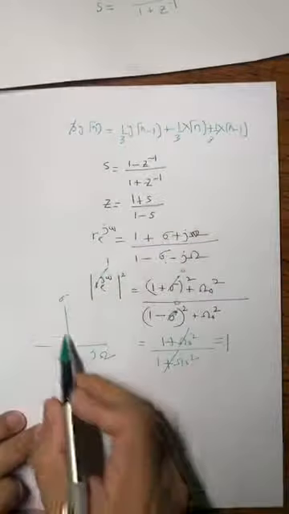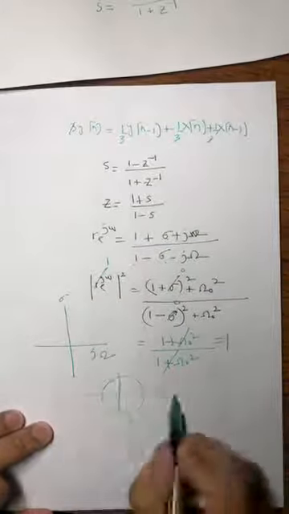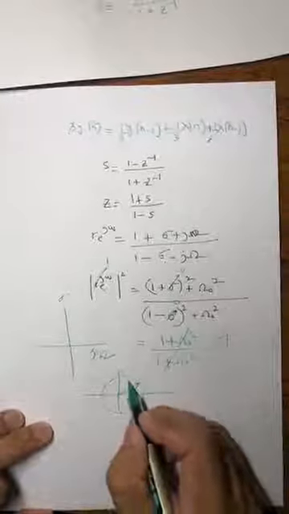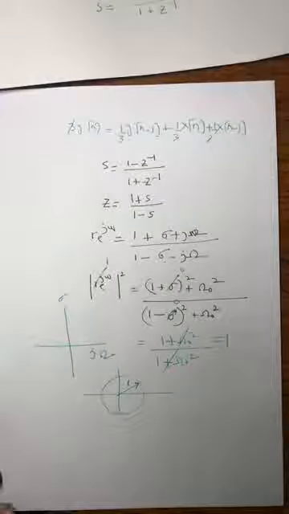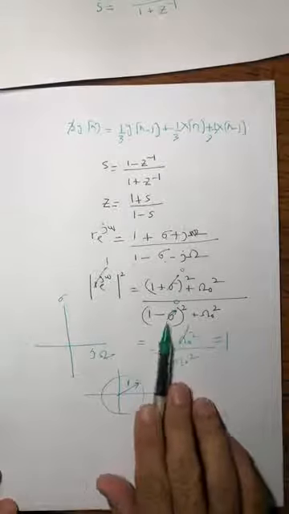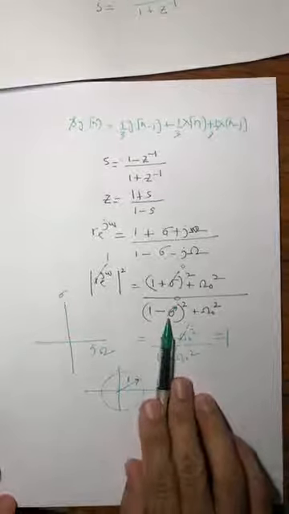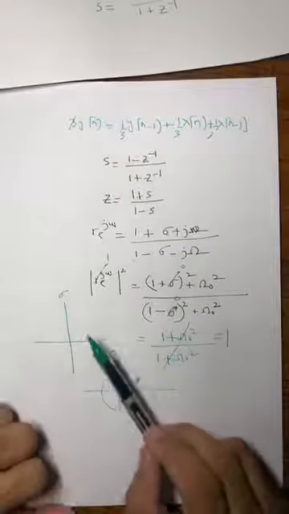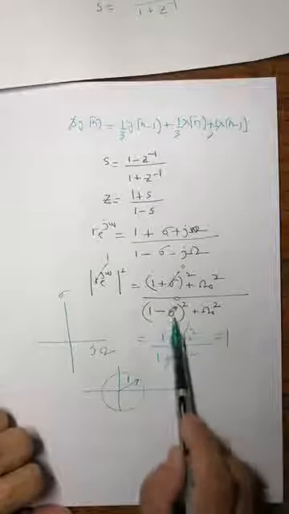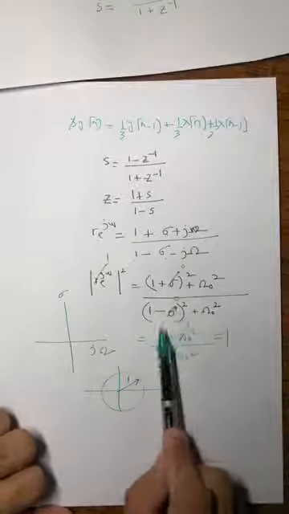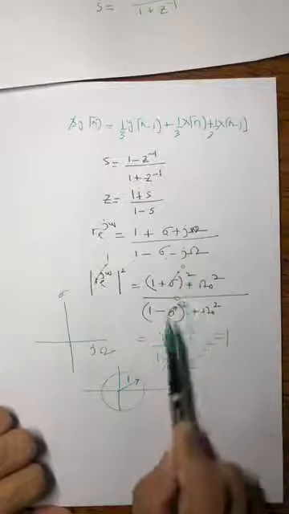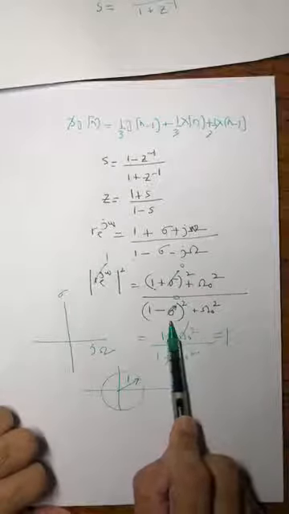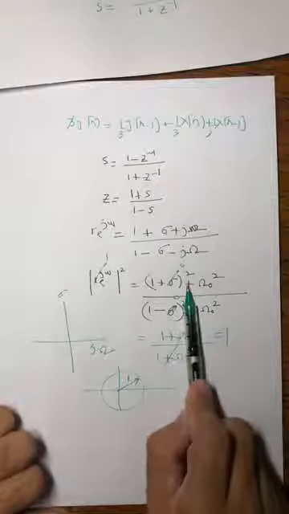It tells us that the omega axis maps to the unit circle in the z domain. It also tells you that if sigma is negative, meaning the left half of the s plane, then the denominator value will be greater than the numerator value. So for negative values of sigma, the magnitude of z will always be less than 1.